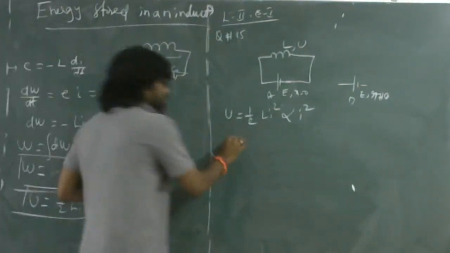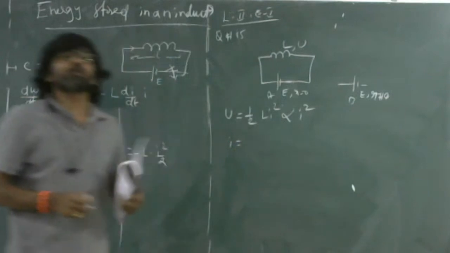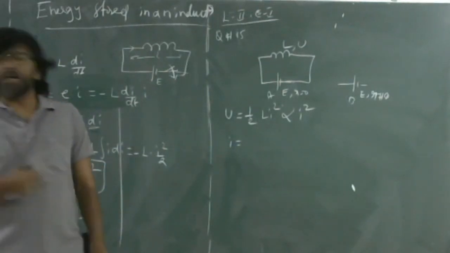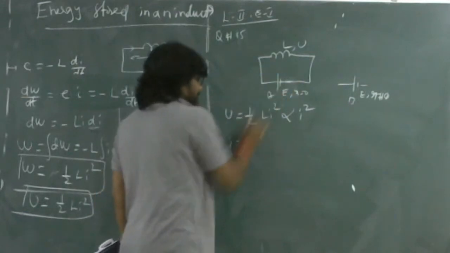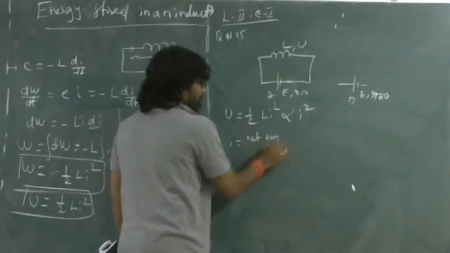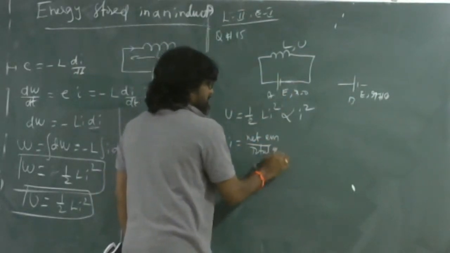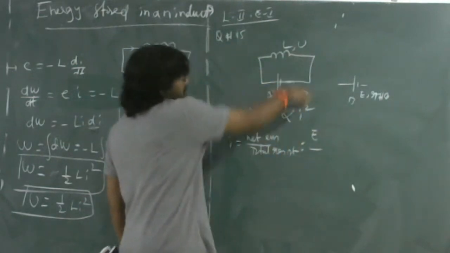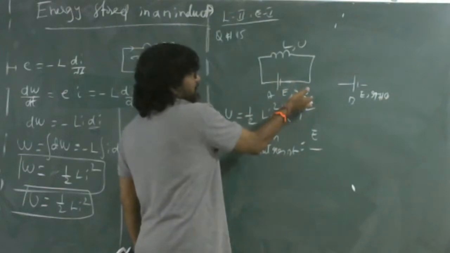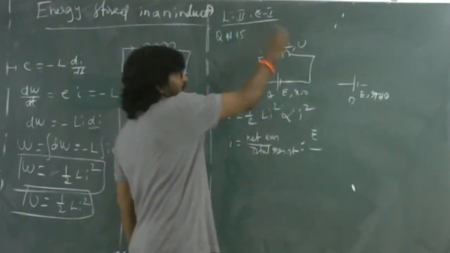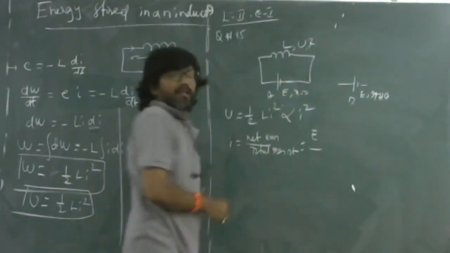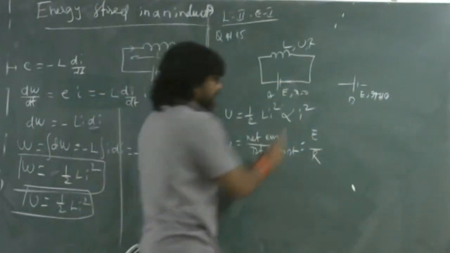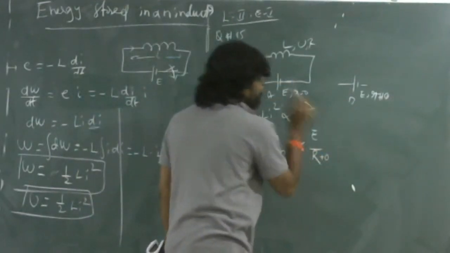But in case of inductor, I is what? Induced current. Induced current is equal to E by R, means net EMF by total resistance. So net EMF is E. Total resistance in this case is, if the coil is having some resistance, we have to take this as the resistance of the coil, provided internal resistance is 0.